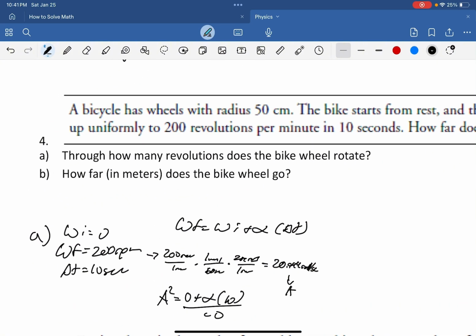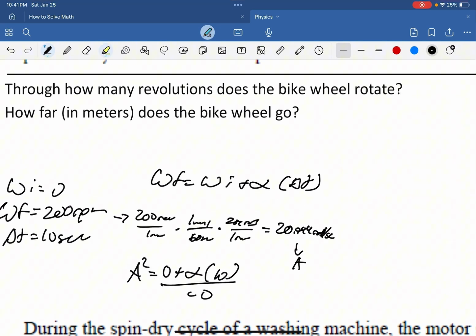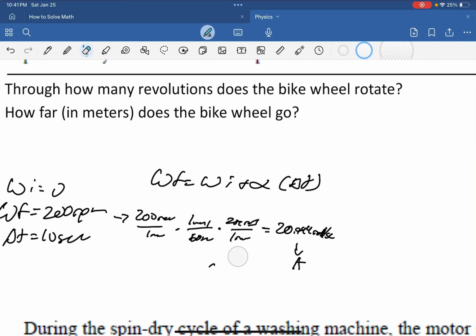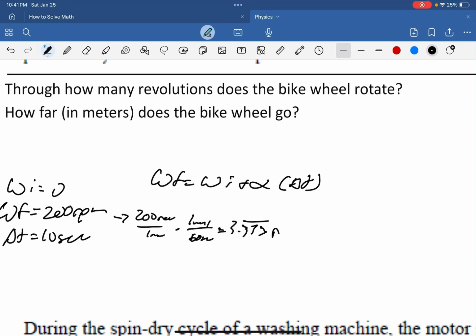How many revolutions? My bad, guys. I didn't actually need to convert into radians. So 200 divided by 60 seconds is going to be 3.333 revs per second. And let's call this A.